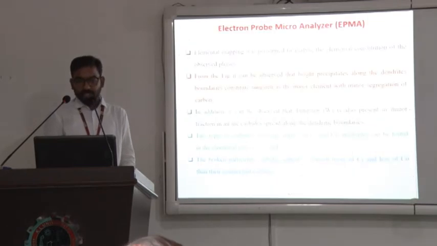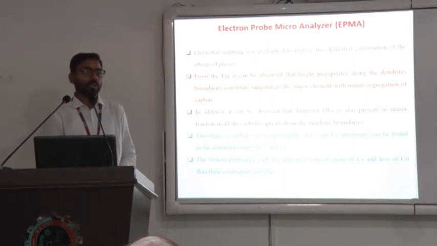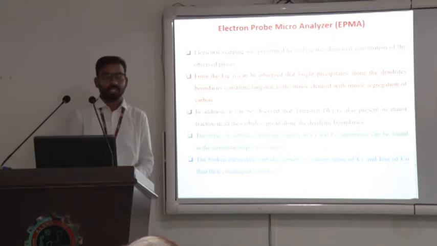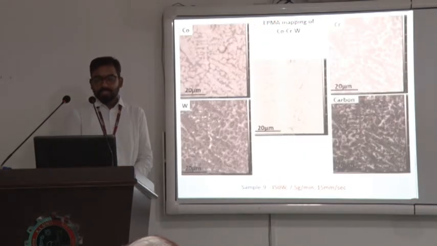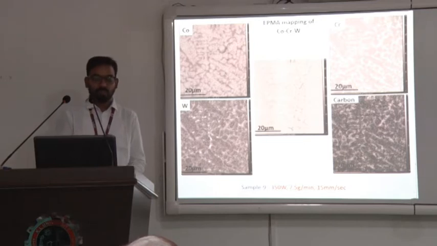This is further observed with the electron probe microanalyzer in order to see the grain structures and how the chemical composition is formed at different phases. This is the electron probe microanalyzer mapping, where we can see the different chemical components formed after the LENS process: cobalt, chromium, carbon and tungsten.